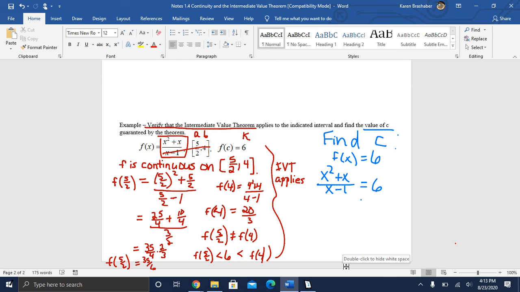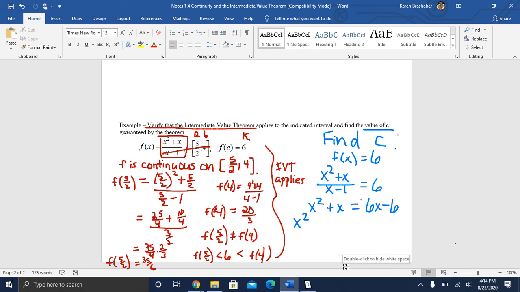So you have a fraction. You could multiply both sides by that denominator. So that would give us x squared plus x equals, and then distributing, we'd have 6x minus 6. So now we have a polynomial. We have to get one side equal to 0.